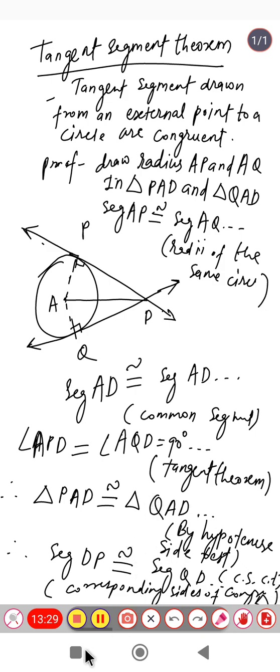So in this way we understand that this is the tangent segment theorem. That means these segments are congruent with each other. This theorem is proved in this way. Thank you for watching.